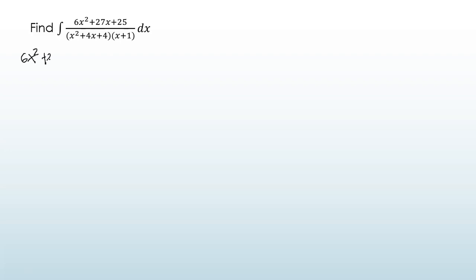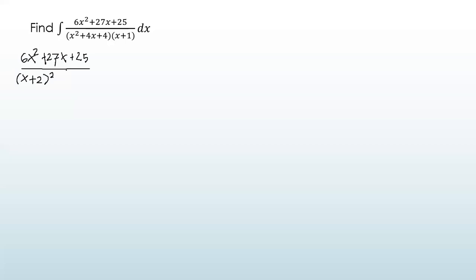6x squared plus 27x plus 25 over, for the term x squared plus 4x plus 4, it's going to be x plus 2 squared.